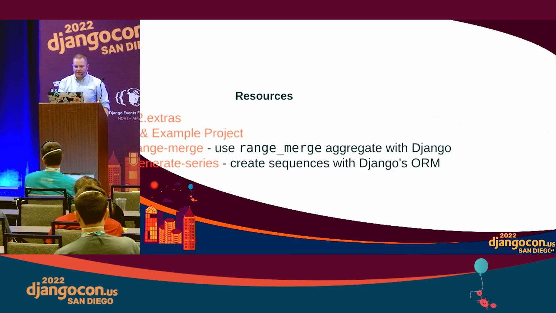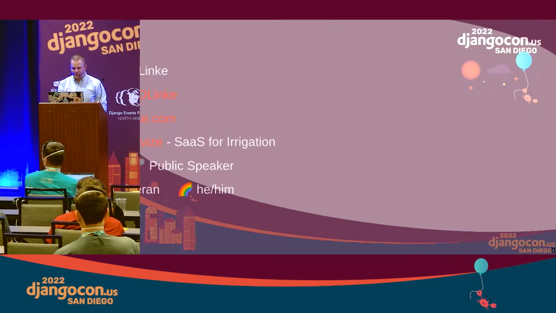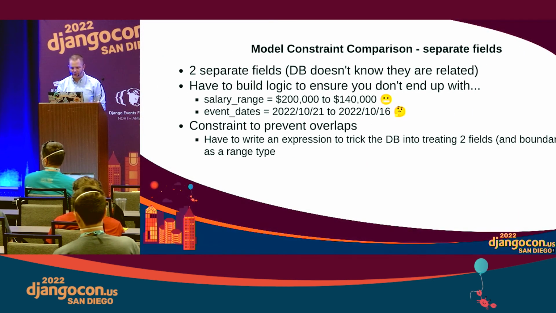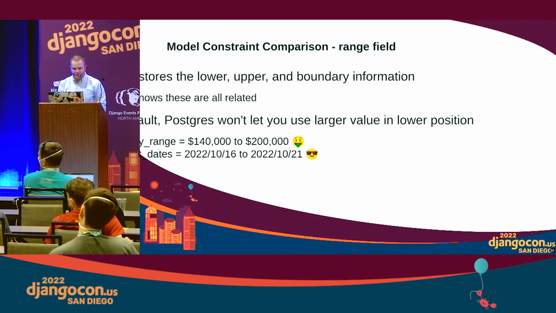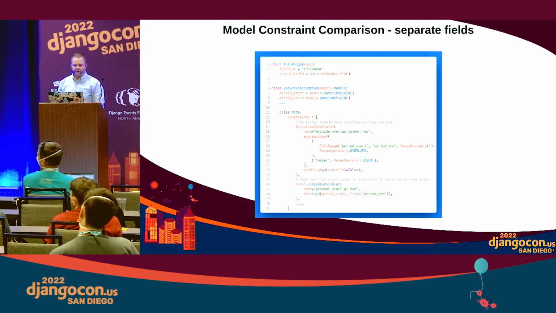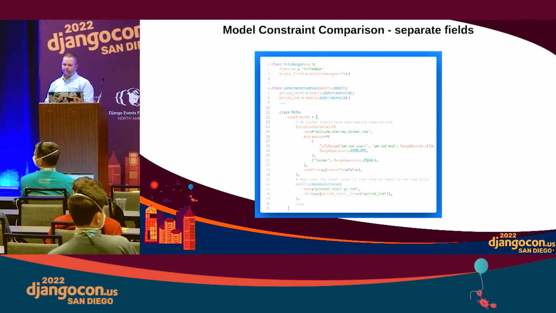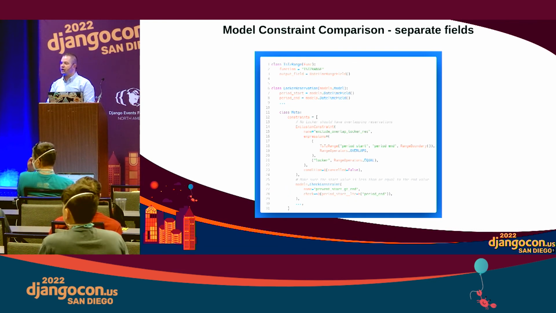So you can, and I'm going to go back to towards the beginning when we were looking at the constraints. This example from Django's docs about Postgres constraints uses a TSTZ range to use that function within the Postgres database.